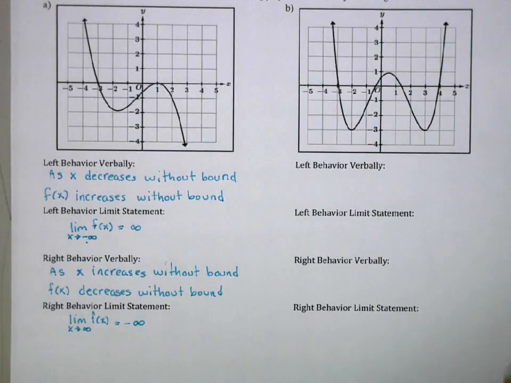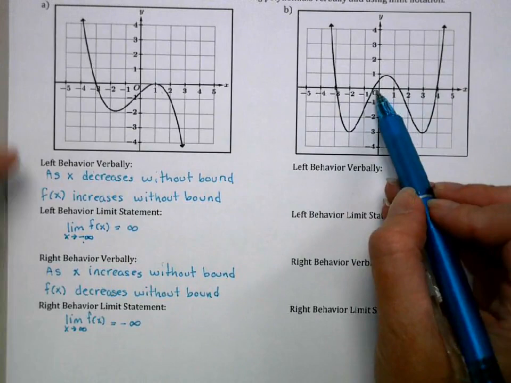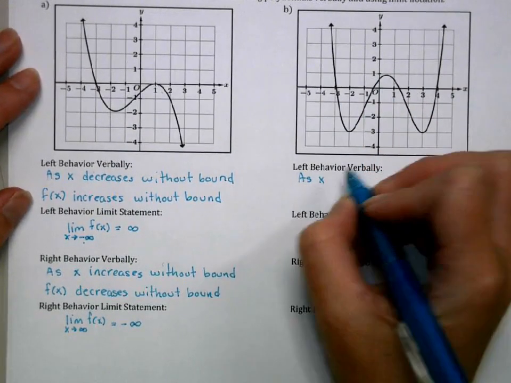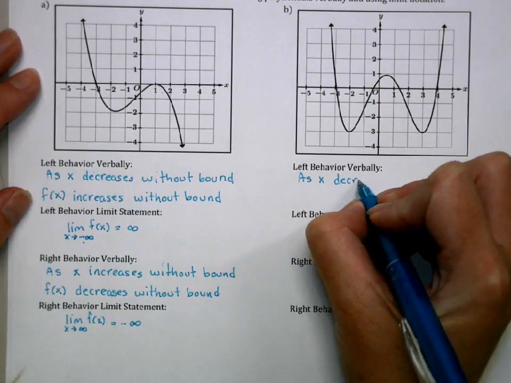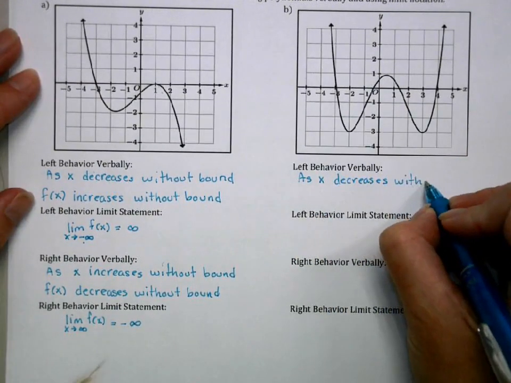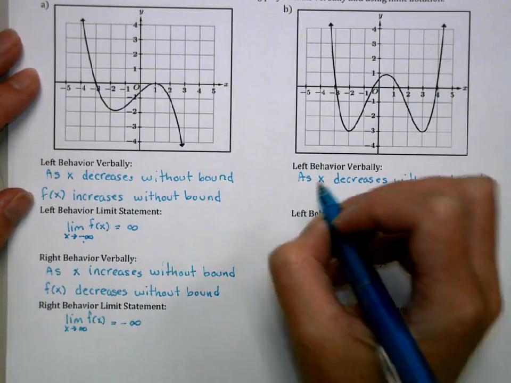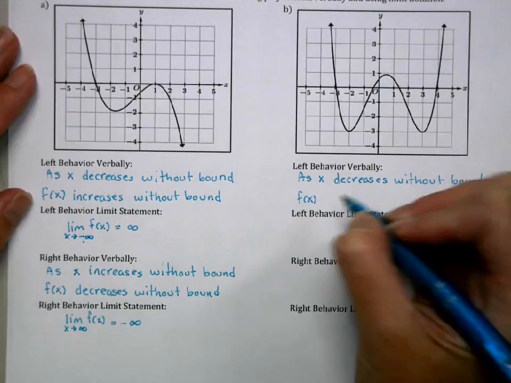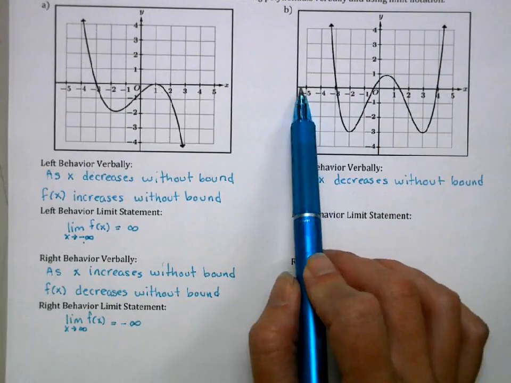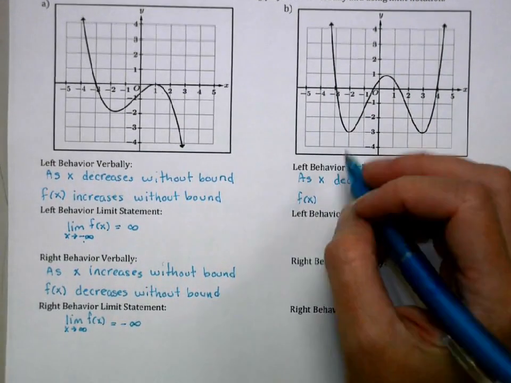So let's look at this other graph. As x decreases without bound, f of x, or our y values, so as we're going to negative infinity in the x direction, in the y direction, those values are also increasing.